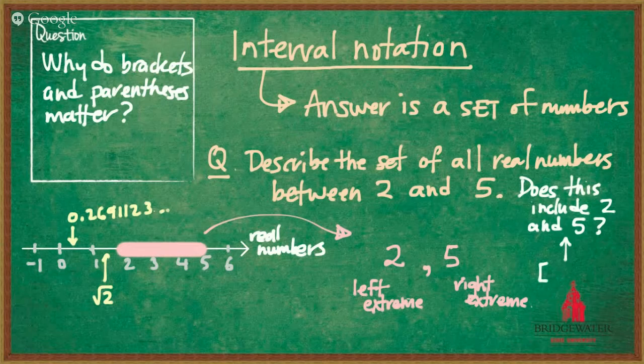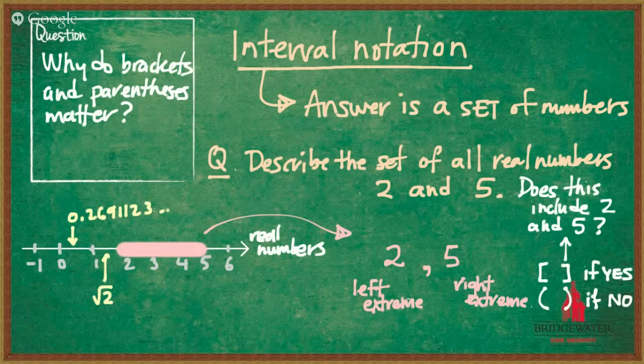Square brackets are used if the answer is yes. In other words, if we want to include a number in our set, in our answer, we'll put a square bracket next to it. Whereas round parentheses would be used if we want not to include such a number in our solution. So let's make our question a little bit better.